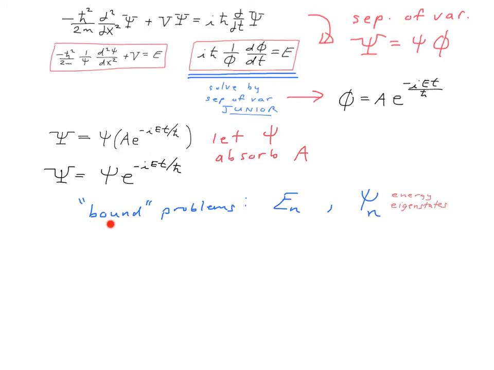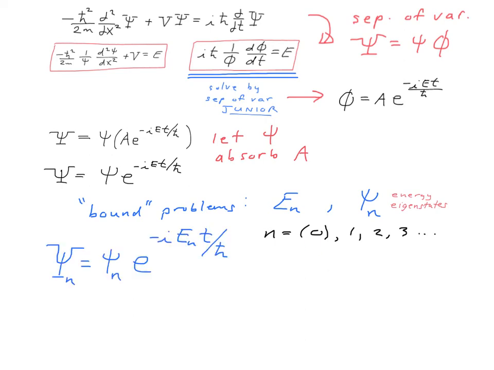For example, in bound quantum mechanical systems or problems such as the quanton in a box, the simple harmonic oscillator, and the hydrogen atom, we have certain allowed energies, call them E sub n, with corresponding energy eigenstates, psi sub n, where n can be 1, 2, 3, etc., or in the case of the simple harmonic oscillator, we also have an n equals 0 state.